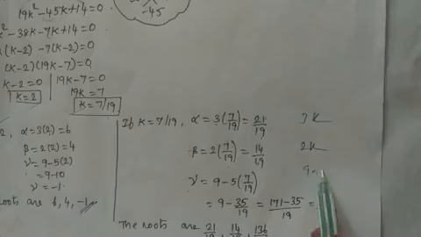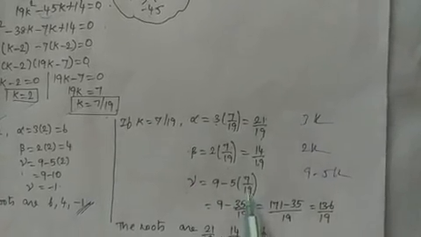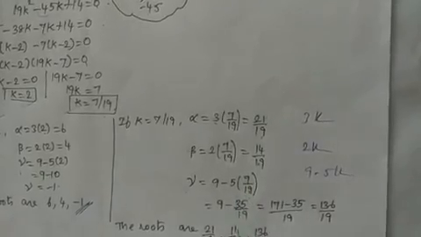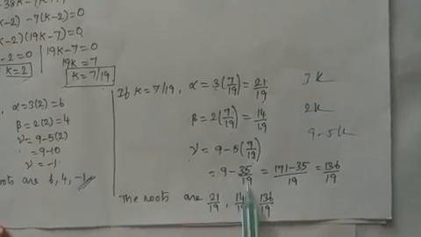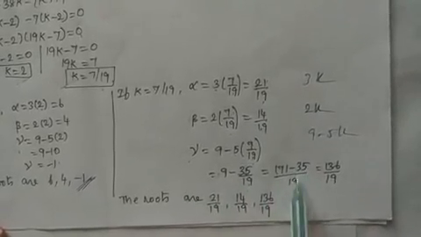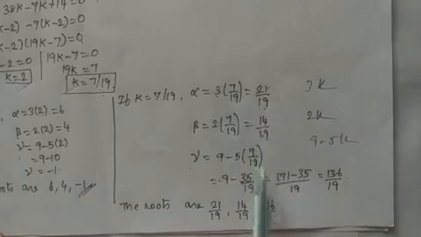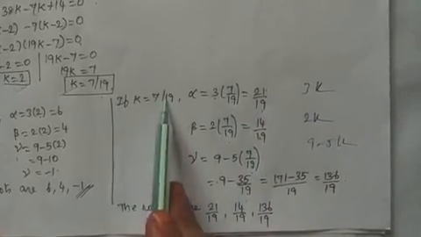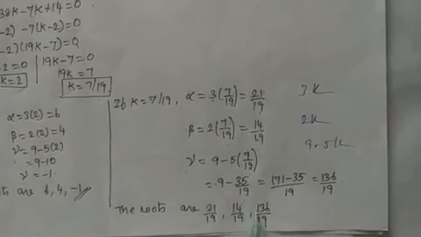Gamma is 9 minus 5k, 9 minus 5 into 7 by 19. 7 5s are 35, so 35 by 19. Taking the LCM by cross multiplying, 9 into 19 is 171 minus 35 by 19, which gives 136. So all three roots are ready. If k is equal to 7 by 19, we get the three roots as 21 by 19, 14 by 19 and 136 by 19.